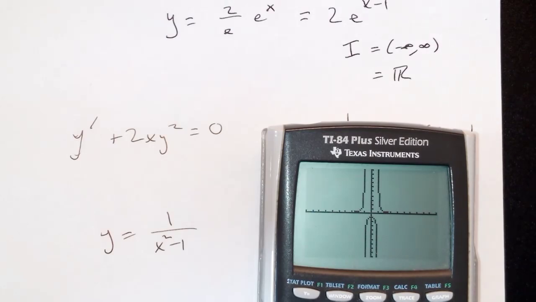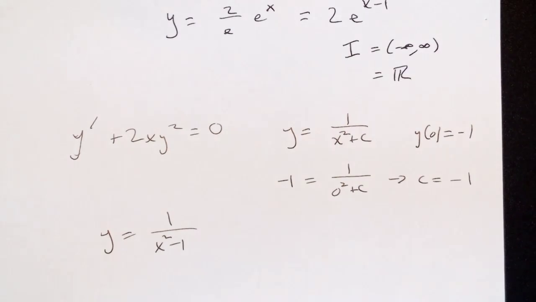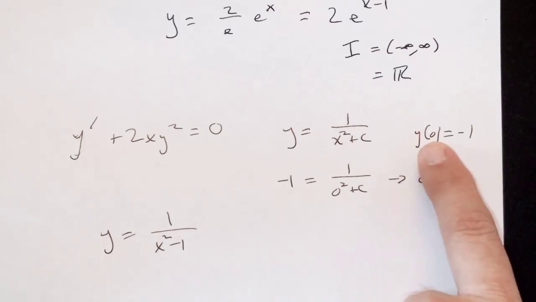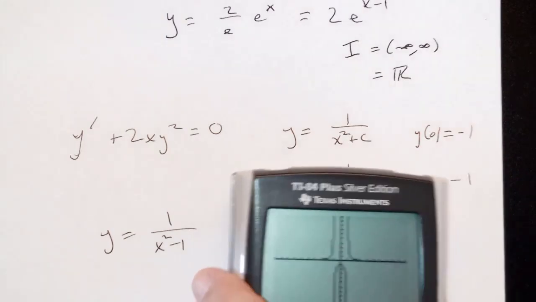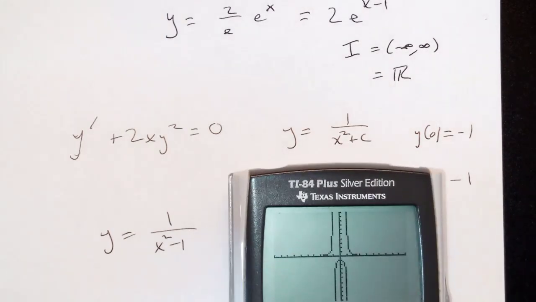You may be like, how should I know? We made a deliberate choice when we chose our initial condition. The interval we choose must contain that x value. So the only interval available to us that contains that x value is the one that goes from -1 to 1.